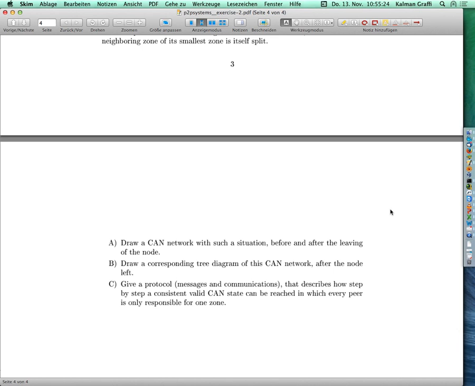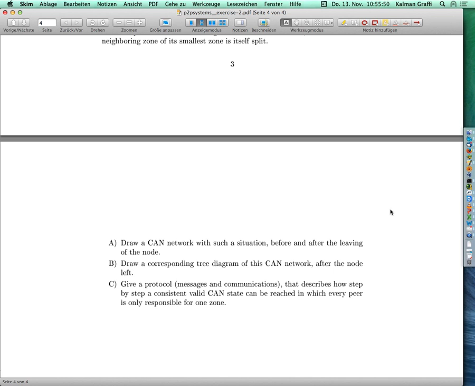Yes. So if we split, we have to make some rule how we split. Let's say we split first this way and then the other way. So then it would be A. Yes. Oh, let's make it this way.